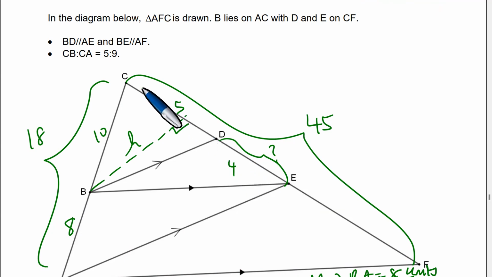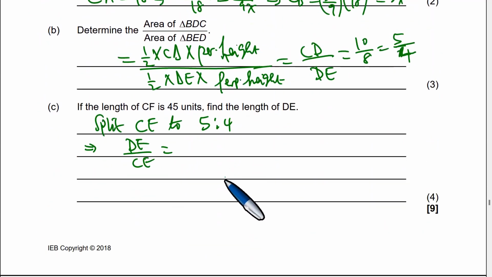DE is 4, CE is 5 plus 4, 9. So this is going to be 4 out of 9.